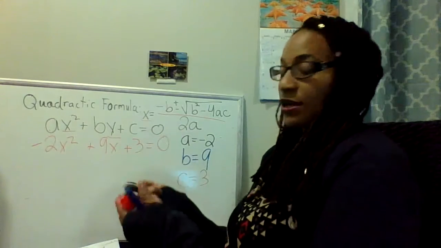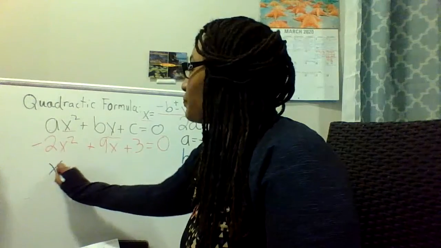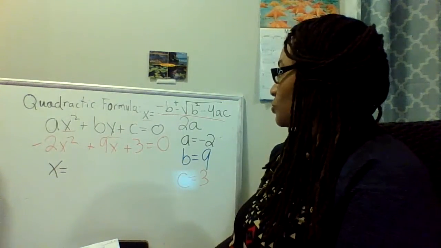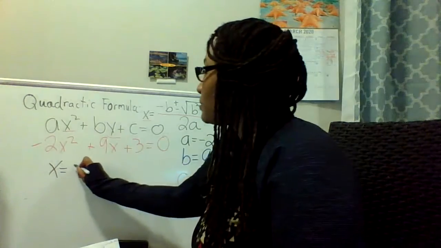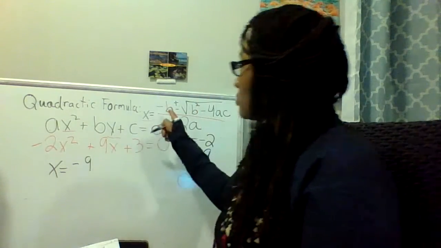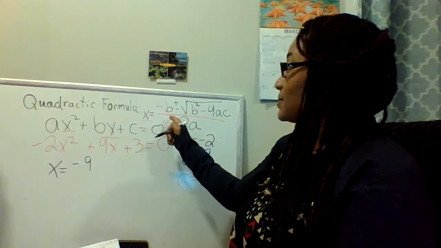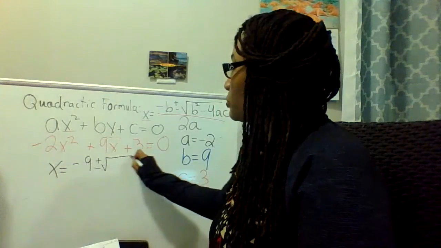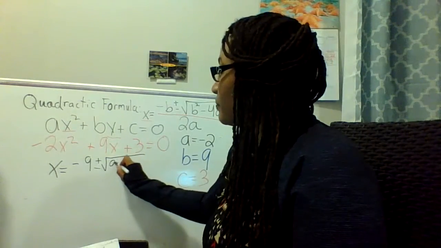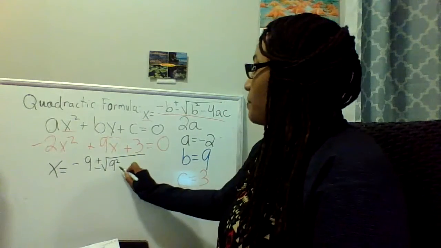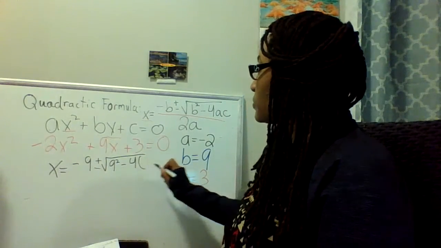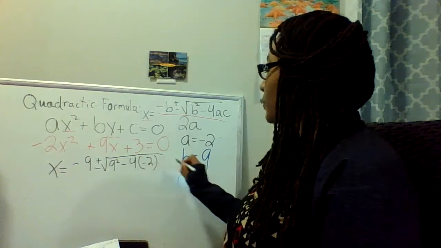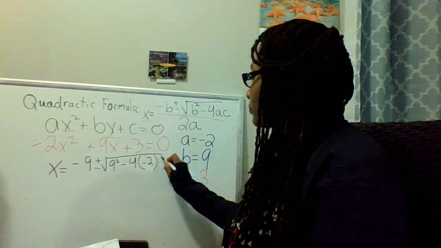So we got B. B, we're going to plug it into here. We're going to rewrite this. X equals, okay, I'm just trying to make sure it's reflecting well on the screen, 9, but we have to put a minus 9, because as we see in the formula, it has a minus B. And then plus or minus the square root of 9 squared, minus 4 times A, which is minus 2, and C, which is 3.